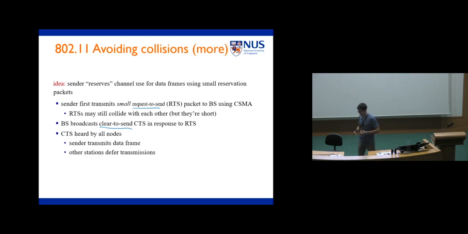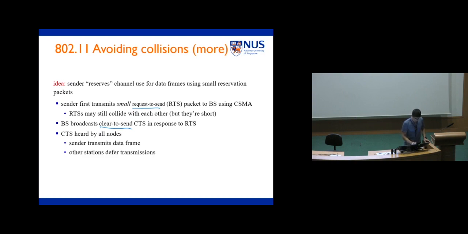They are very unlikely to be the same or very close. Whenever the first RTS arrives, the base station or the receiver will reserve that channel for that transmitter using a clear to send packet. Both RTS and CTS are very small and short, so even if they collide, that's not a big issue.